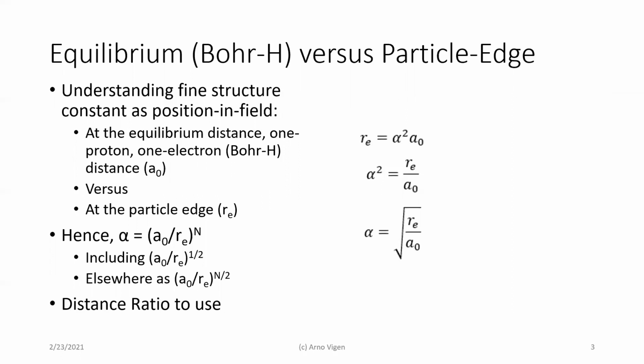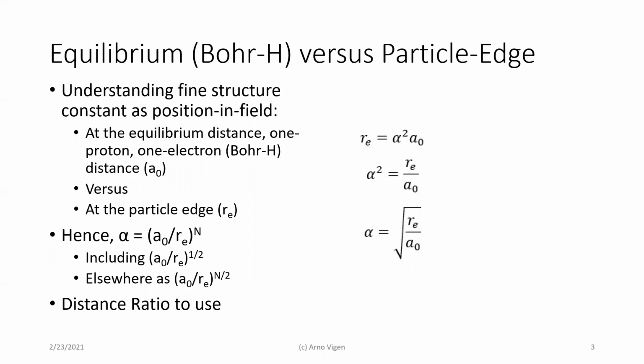And at the right, you can see the ratios of that. The ratio of the edge versus the equilibrium is what's called alpha squared. Alpha is called the fine structure constant.